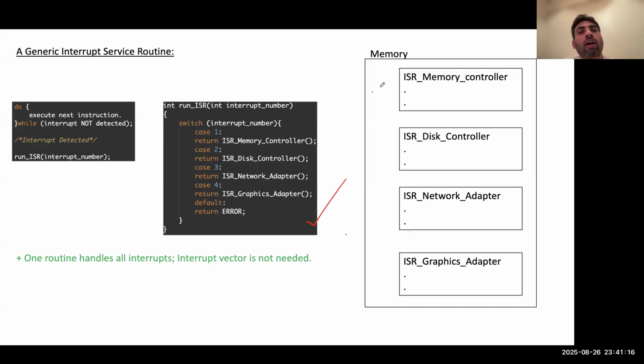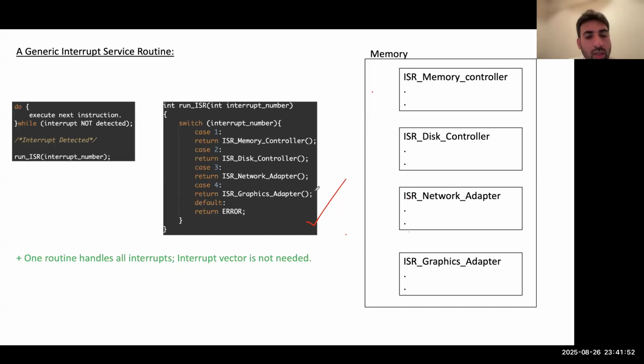Whenever you are integrating a new device which is not already taken care of by your current OS code, you have to write a new piece of code to take care of the interrupts coming from that device. Yes, you need to modify it, but even the alternatives to this approach also need to be modified if you want to integrate a new device or introduce a new interrupt service routine, right?